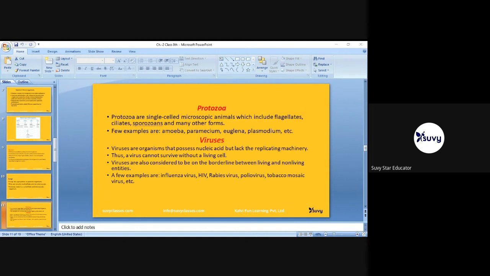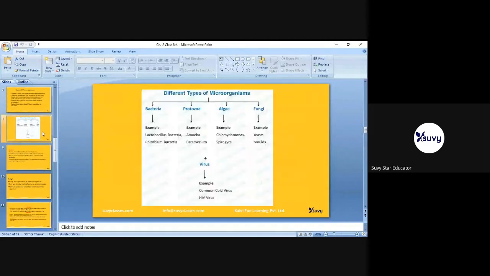Also, virus I didn't understand. So viruses are microbes that are neither living nor non-living. Just like bacteria, fungi, protozoa, and algae, these four we call living microbes.